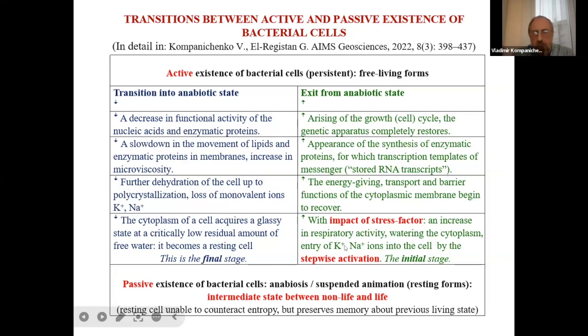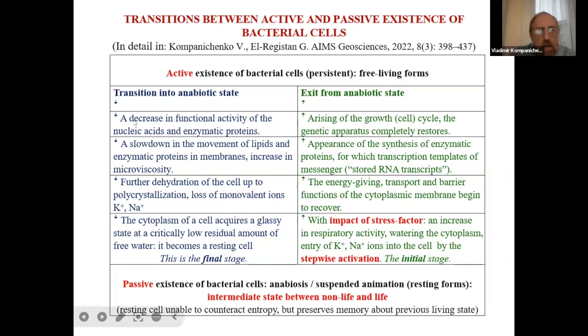And this succession of metabolic changes, when the system returns from the anabiotic state, is opposite the succession of entering into the anabiotic state.